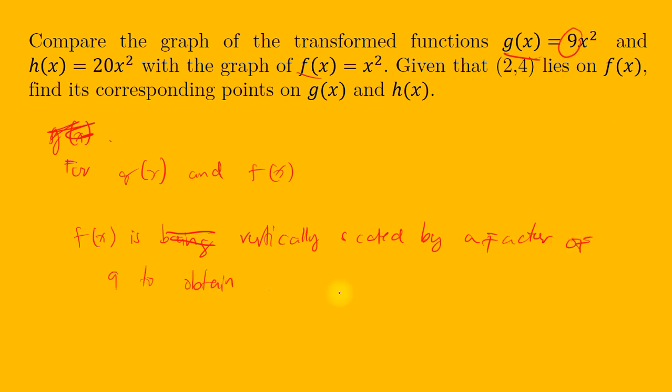Okay, so what does it mean? That we're going to multiply the y value of the coordinates on the points of x squared by 9, and we'll get g of x.